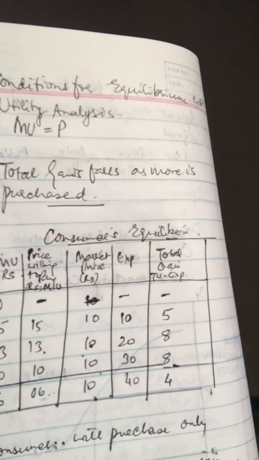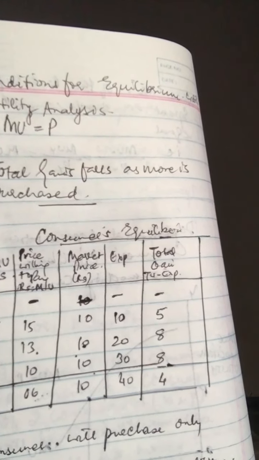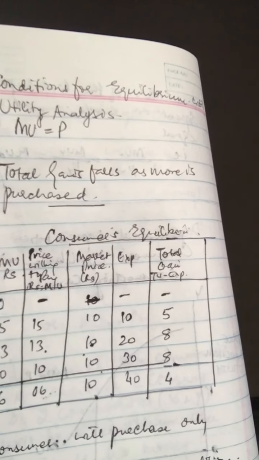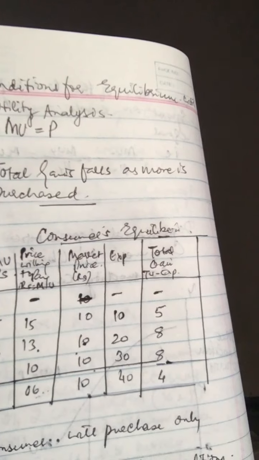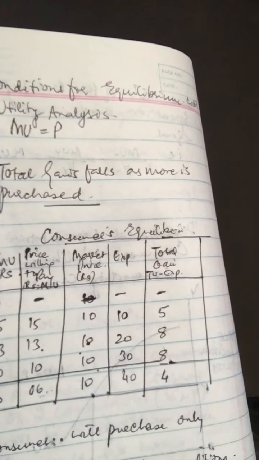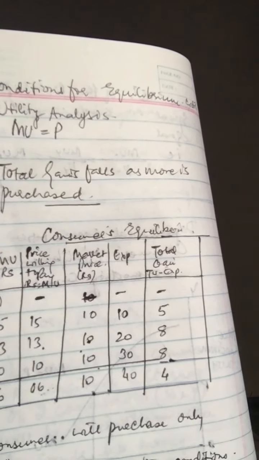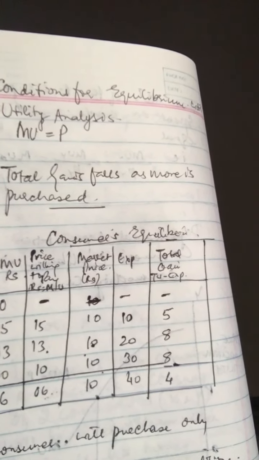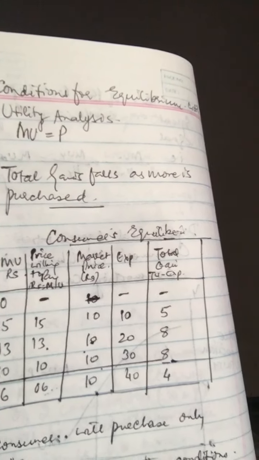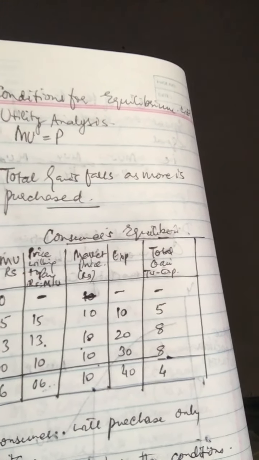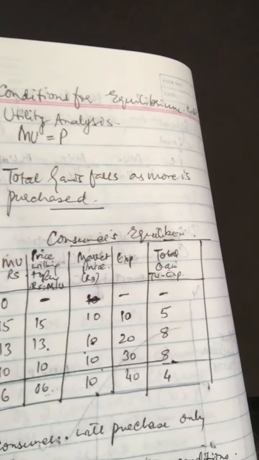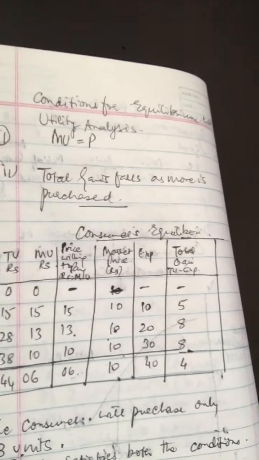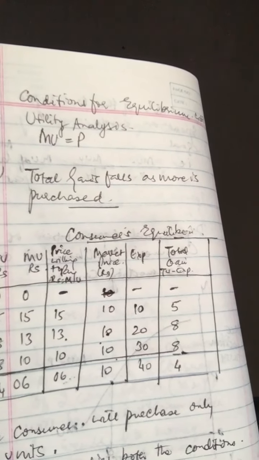We have seen above that the consumer maximizes gains when he buys just 3 units. Note that the marginal utility of 3 units is rupees 10 and the price paid for the third unit is also 10. So it means that the consumer maximizes gains when the marginal utility equals price. Clearly, we see it is here that he maximizes gains, and he loses if the marginal utility is less than price.